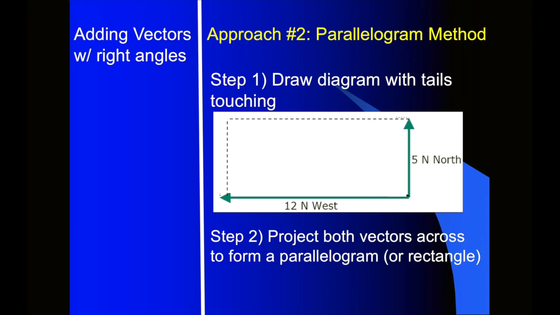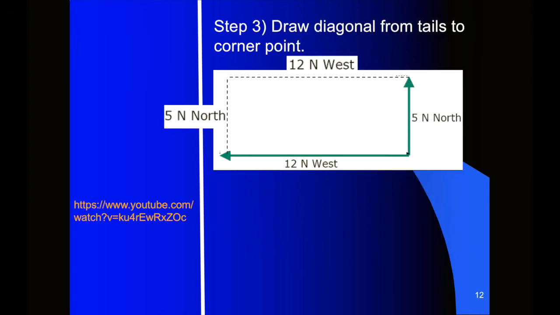So it would look like this. Then, at this point, you're going to draw a diagonal from the tails, which is right here, where the intersection of the tails of the two vectors are, to the corner point. So you should have this. This is your resultant, and this is the angle right here that it makes with the resultant.